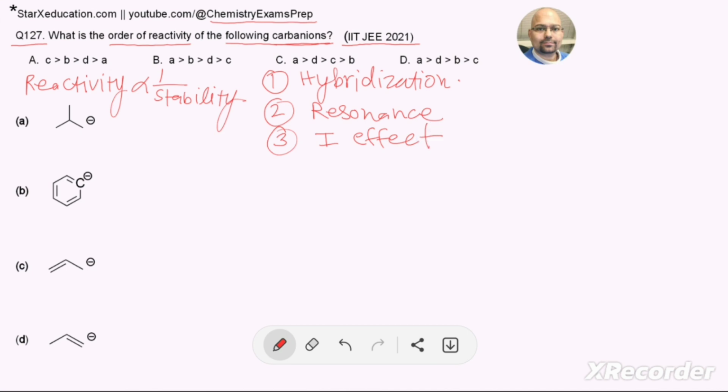About hybridization, we know that if the hybridization is sp, then the carbon that contains the negative charge will be most stable. And if the hybridization is sp2, that would be more stable than an sp3 hybridized carbanion.